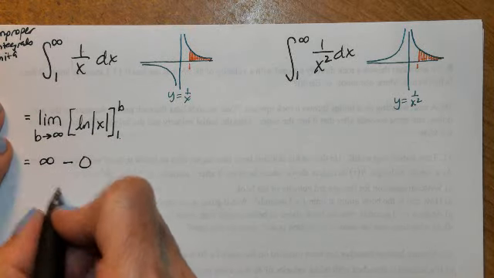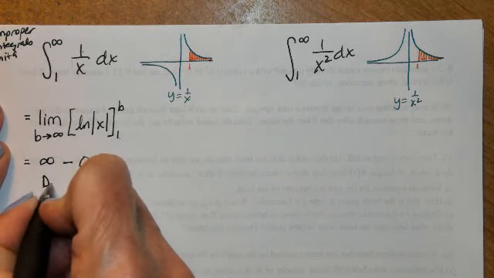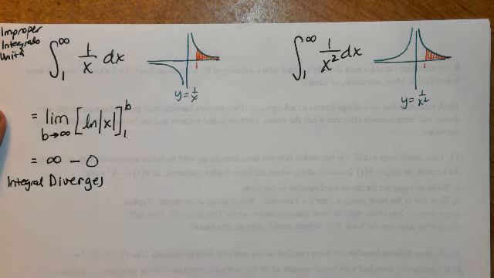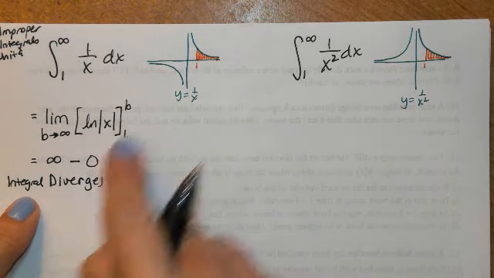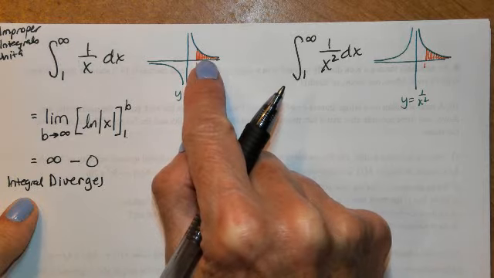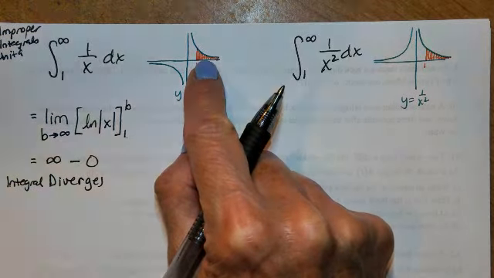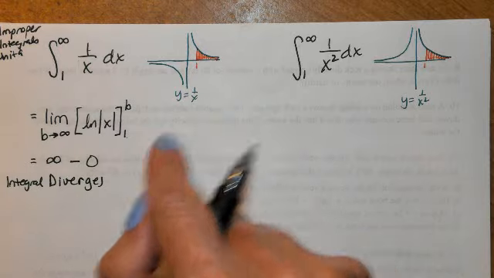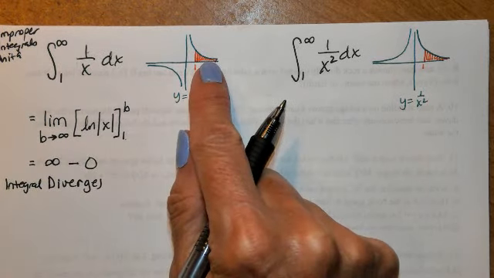And so this integral diverges. That's what we said when we were doing improper integrals. Okay? Integral diverges means the area is going to infinity or negative infinity. All right. So that makes sense because it sure does look like it's going to infinity.